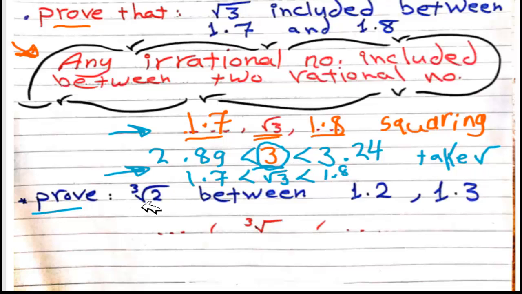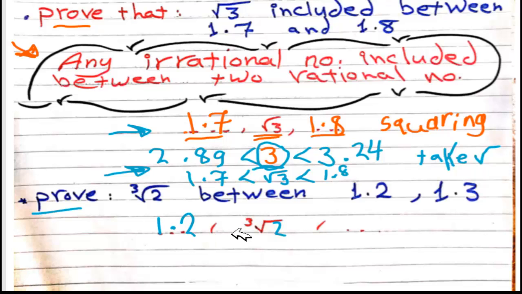Second one, prove the cube root of 2 is between 1.2 and 1.3 by following the same steps we did here.